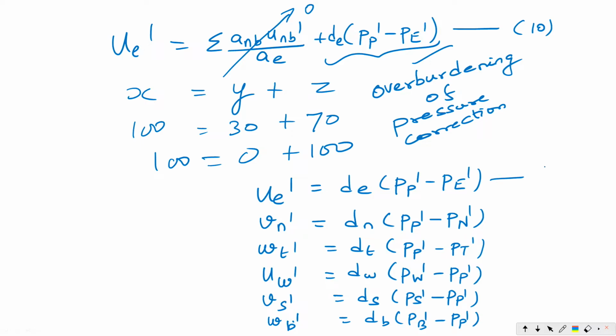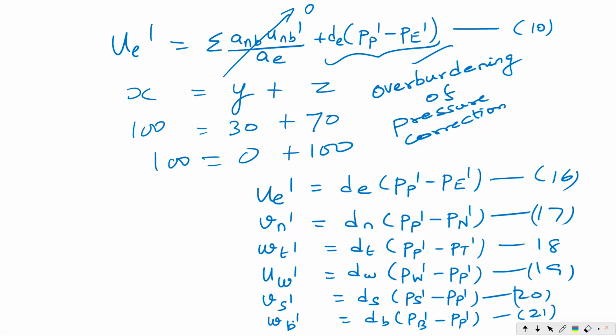So let us call these equations 16, 17, 18, 19, 20 and 21. So we got the expressions for the velocity correction in terms of pressure correction alone. Got the logic?